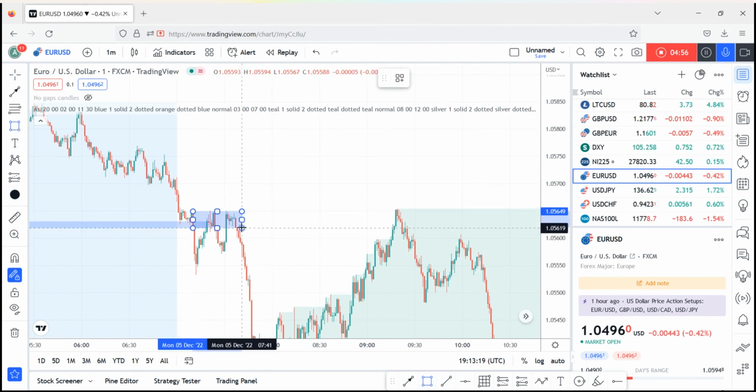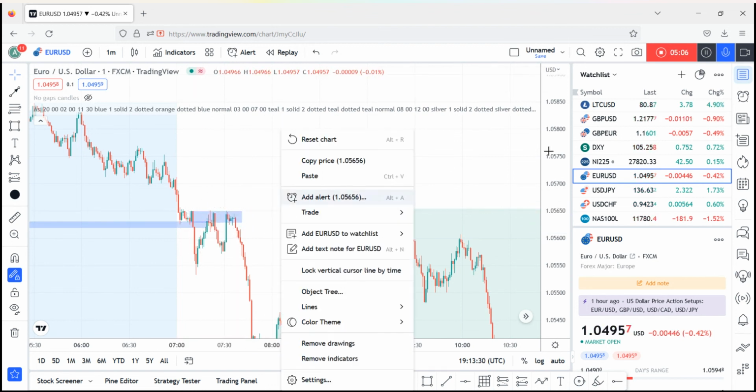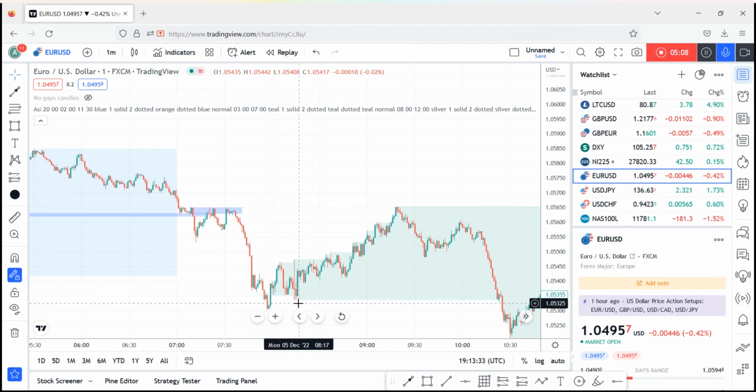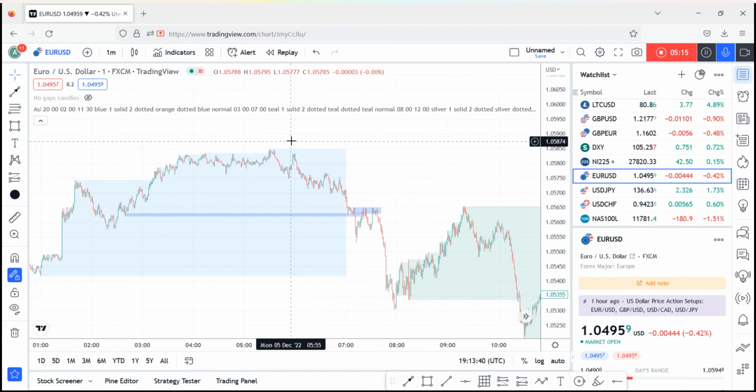The first entry was from the upward zone. I took an entry from this candle, and that was one of the best trades that I ever had. The second entry was from here, and the first entry was from this zone, right?